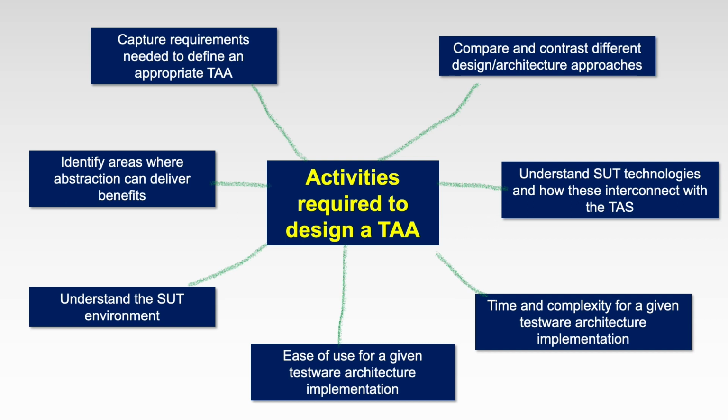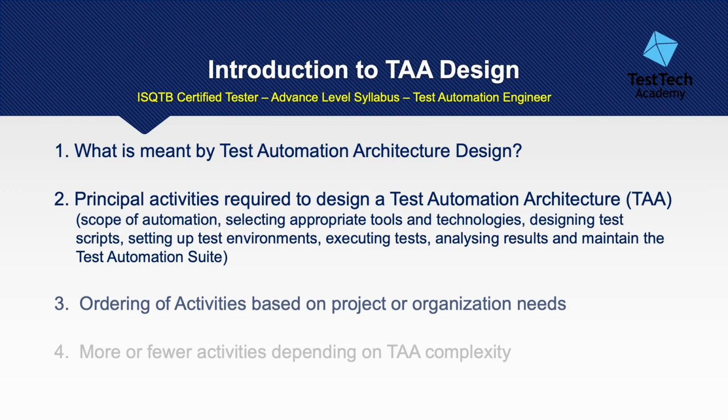There can be fewer or more activities required for each test automation project, and it depends on the nature and complexity of the project and the organization. Also, the order in which these activities are carried out can vary depending on the specific requirements of the project or organization.